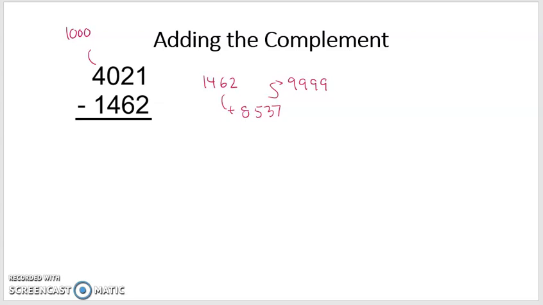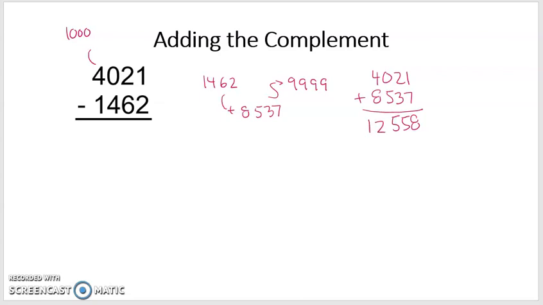So I take the original value, 4,021, add the complement of 1462, which we said was 8,537. And again, students are more comfortable with addition, so let's add those together. You get 7 and 1 makes 8. 2 and 3 makes 5. 0 and 5 makes another 5. 4 and 8 makes 12.